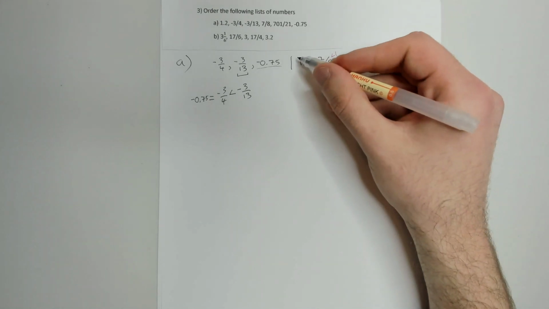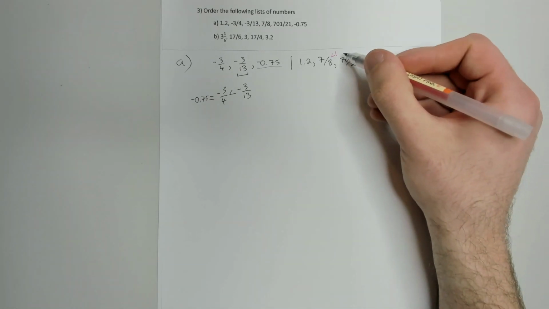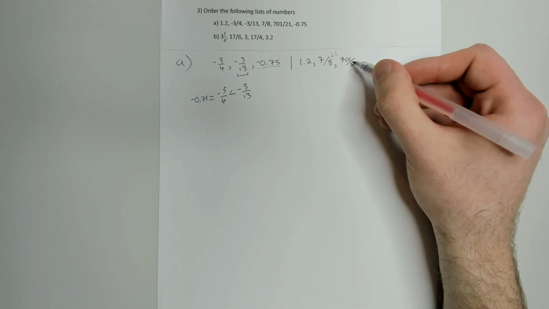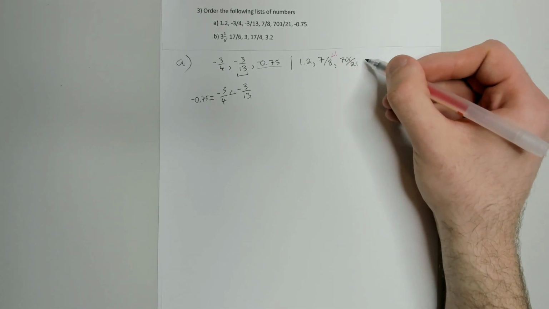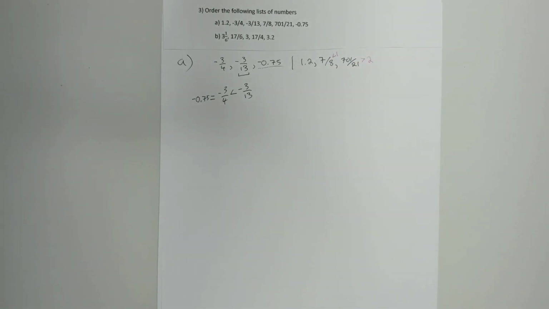So that automatically means it's going to be smaller than 1.2. And 701 over 21, this is a massive numerator compared to that denominator, right? I mean, 21 times 2 is 42, and this is even bigger than that. So this number right here is definitely bigger than 2, which means it's definitely bigger than 1.2, and it's definitely bigger than 7/8.